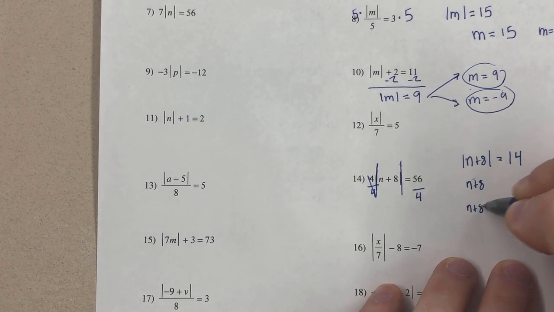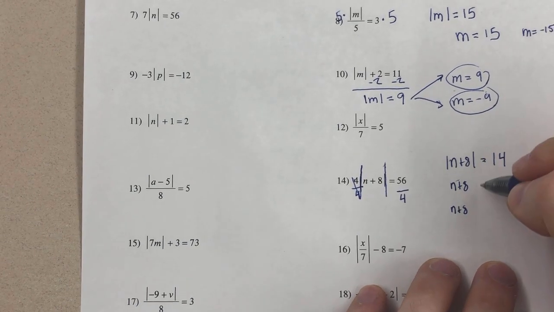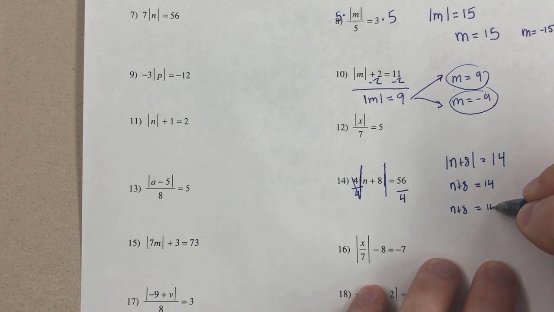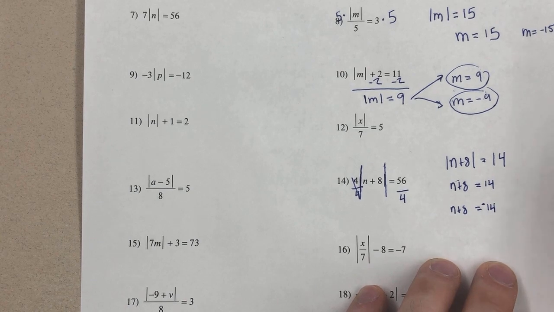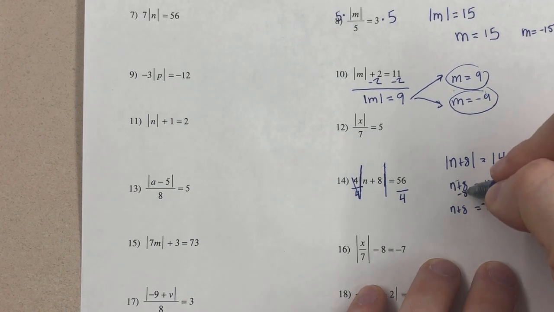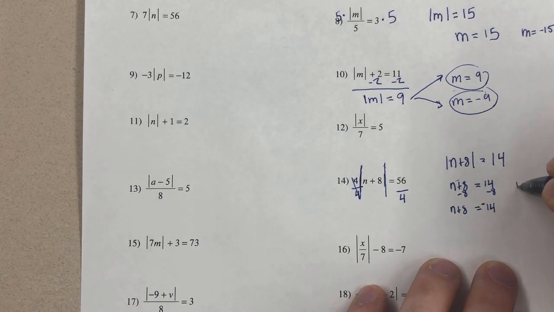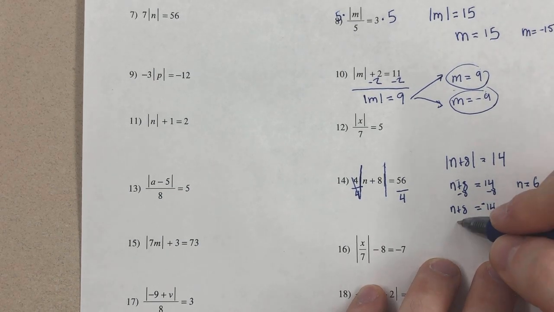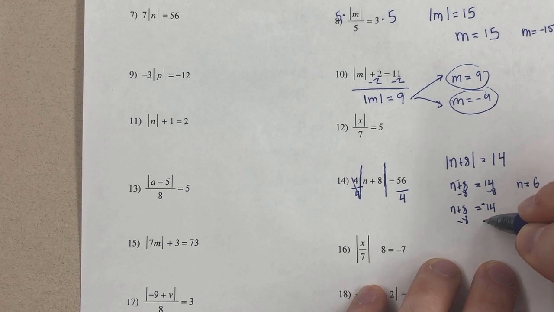Think about it. Either 14 has absolute value of 14, and so does negative 14. So now I'm going to subtract 8. N equals 6, or I'll subtract 8 here, n equals negative 22.